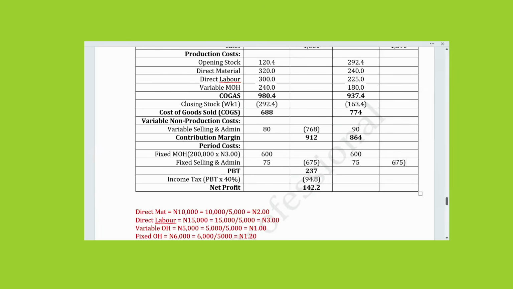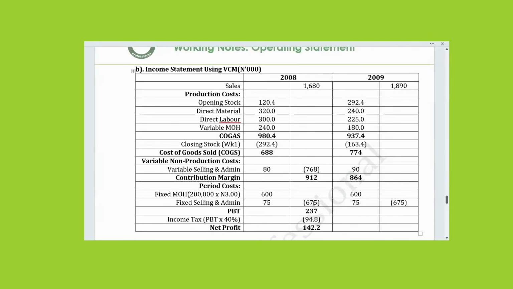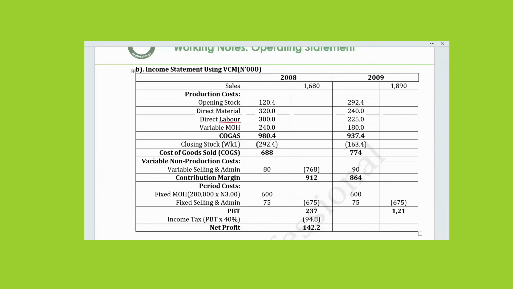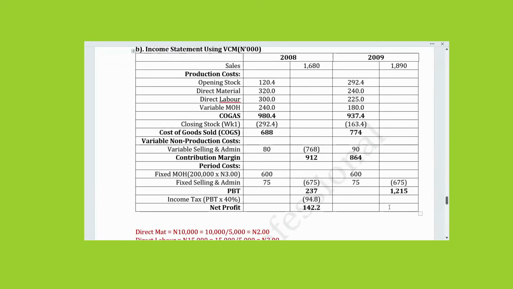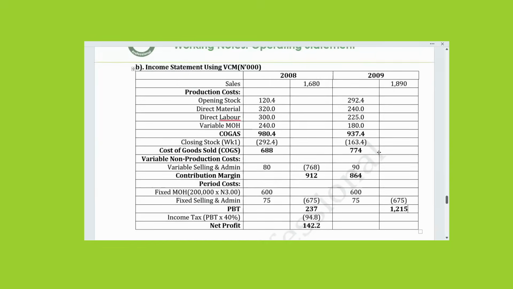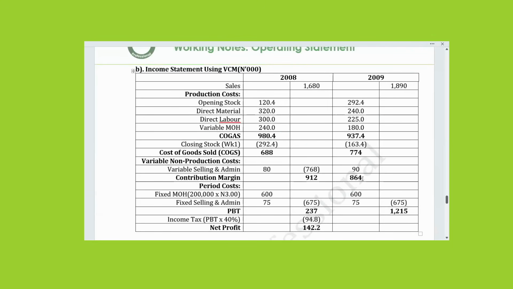675 minus 1890, what do you have? 1215. Oh, sorry, something is missing here. I did not deduct the variable selling and admin. It's supposed to be 864.